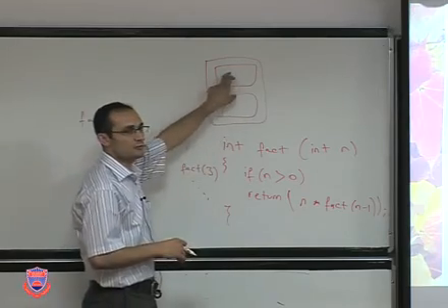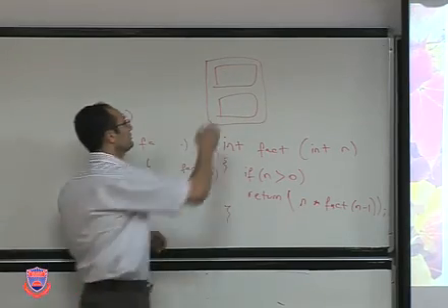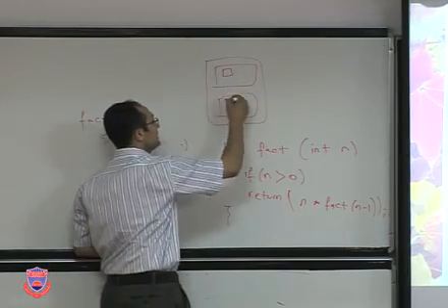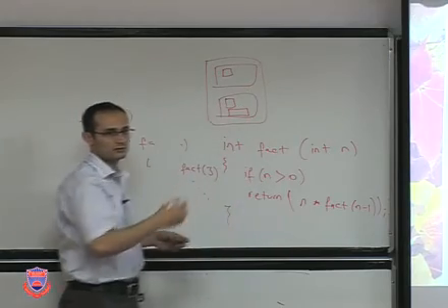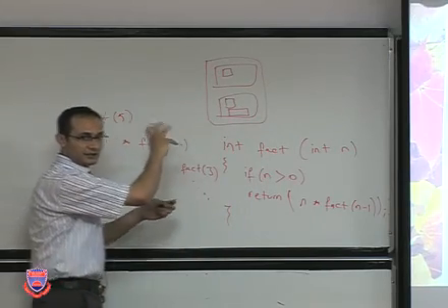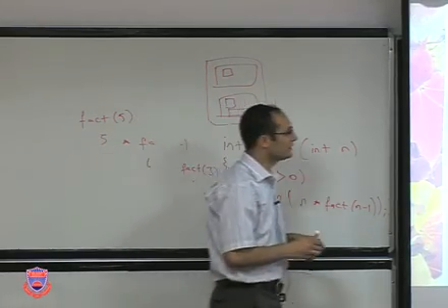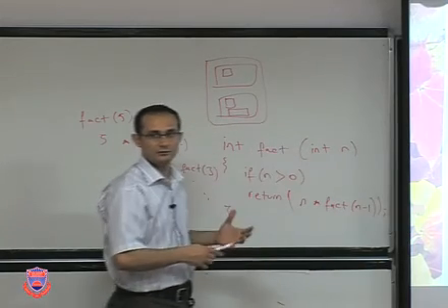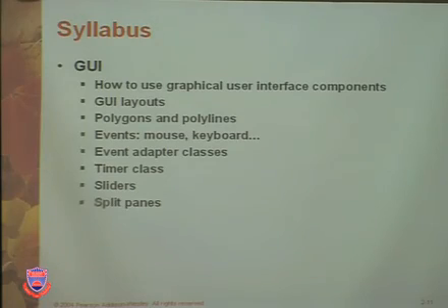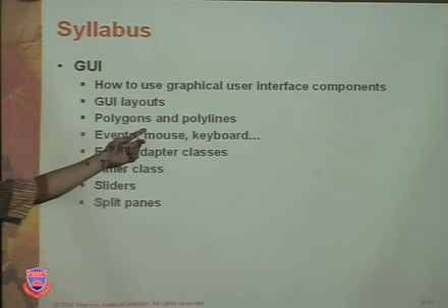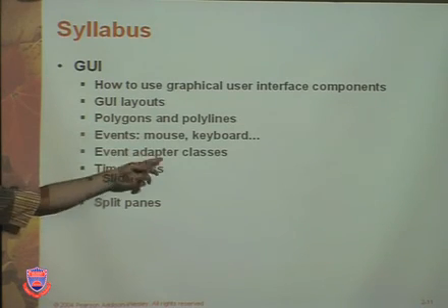And we will add these 2 panes, and on top of these panes we will, for example, add a button here, a form there, and so on. So you can define hierarchies in the layout in GUI and implement them by using the Java GUI as we go. You can also define and design polygons and polylines.